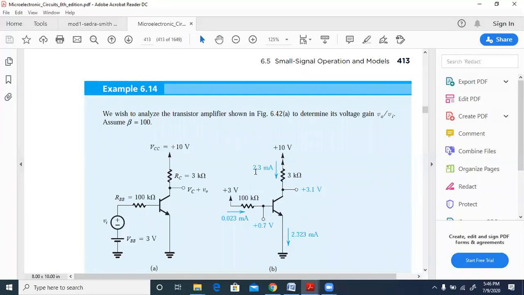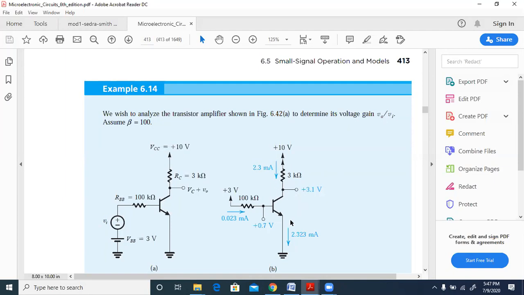So 10 minus 2.3 into 3: 2.3 into 3 will be 6.9, and 10 minus 6.9 will be 3.1 volts. Okay, 3.1 volts. Now, because this is grounded, VCE value will be 3.1 volts.